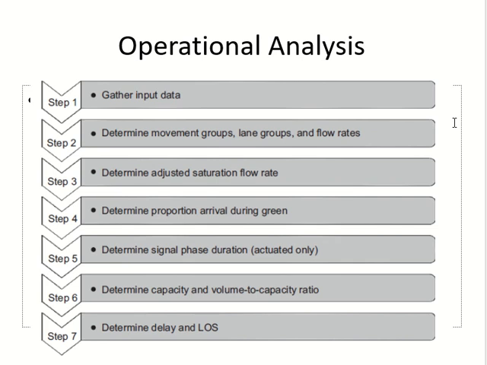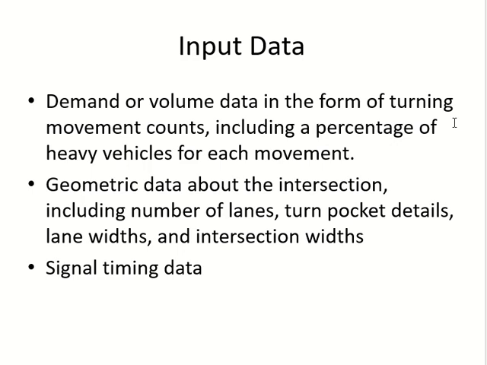If it is with a sensor, find out the duration of the signal phase for that volume. Then find out capacity and volume to capacity ratio. After finding it out, you can find out delay and level of service. So these are the steps we should follow.